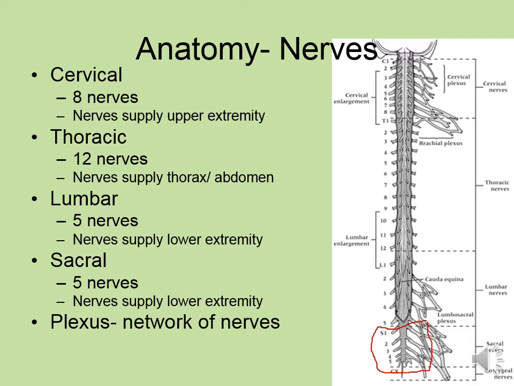So we also have another term that's important to be aware of. It's called the plexus. So we have a couple of different plexuses, or plexi, I guess. We have our sacral plexus, which is down here, and then we have our brachial plexus, which is up in the arm area, kind of in the neck region, and we also have a cervical plexus a little higher.